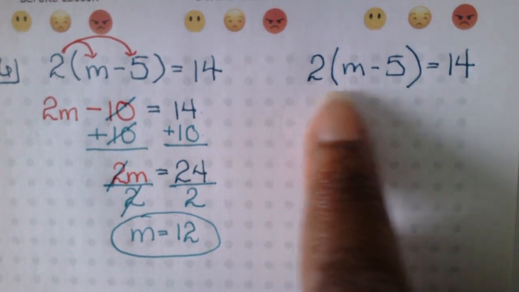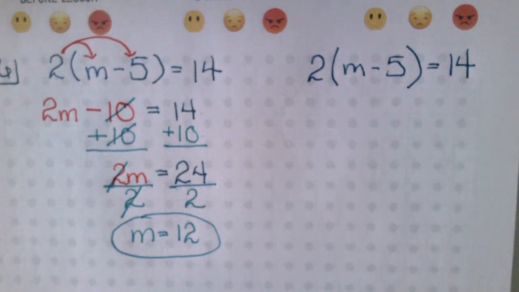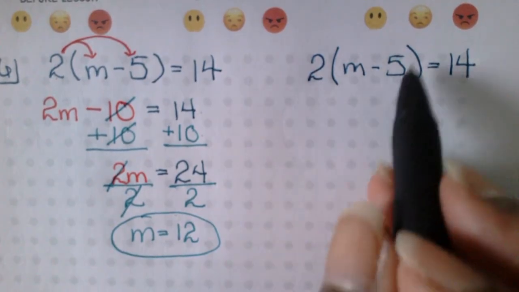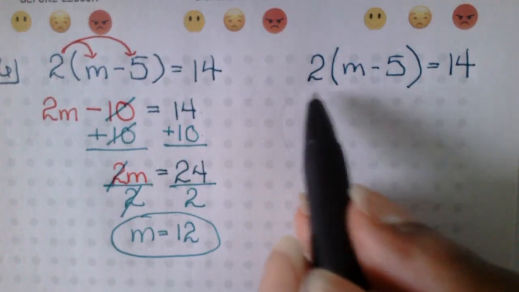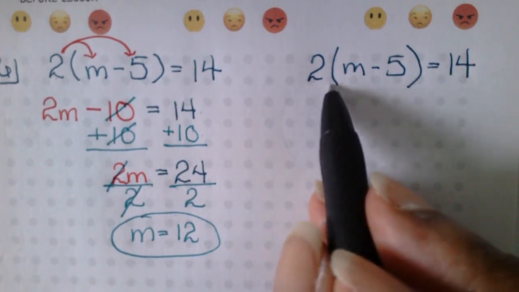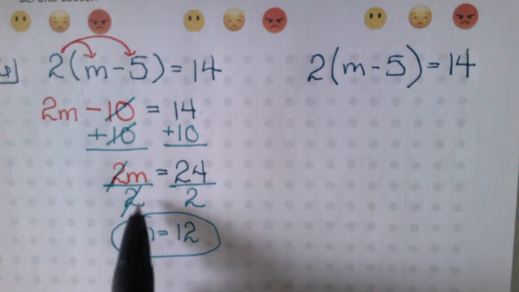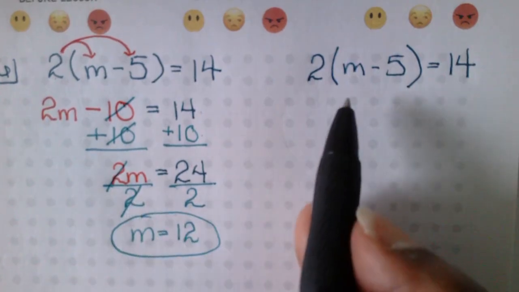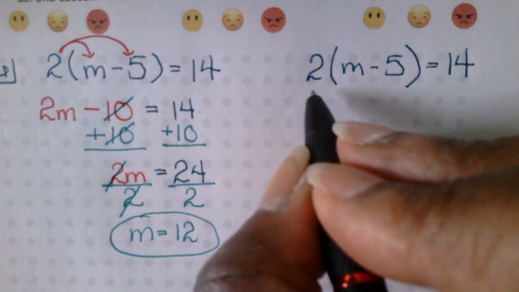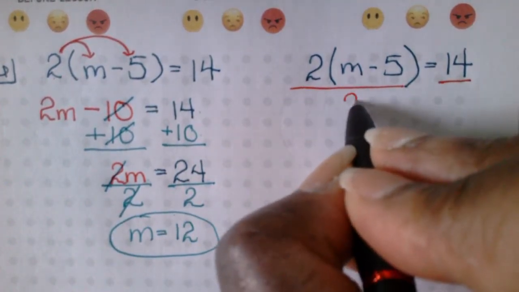We have 2 times this expression on one side of the equal sign. There's nothing else being added or subtracted on the left-hand side. It's just 2 times this whole entire expression. So if I had this expression look like this, 2m, you'd be like, alright, just divide both sides by 2, Audrey. Why can't we carry that same philosophy here? So since it's 2 times, why not divide both sides by 2?